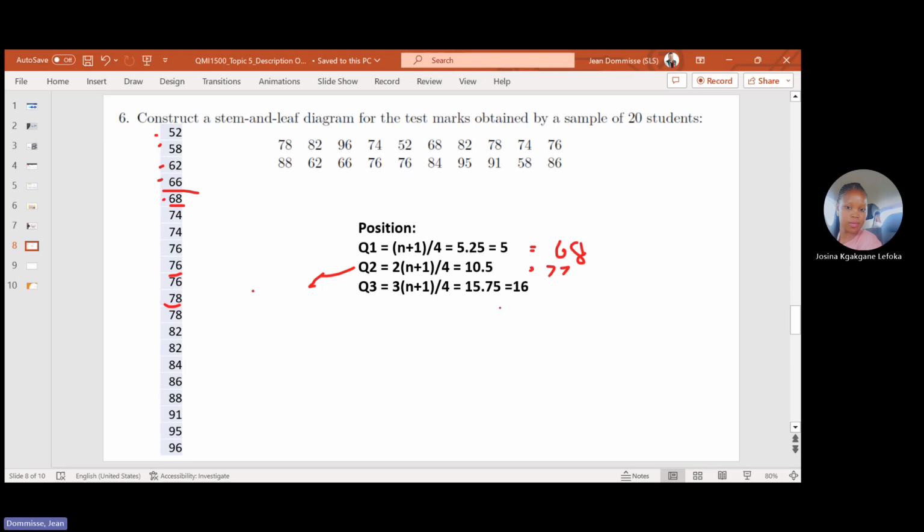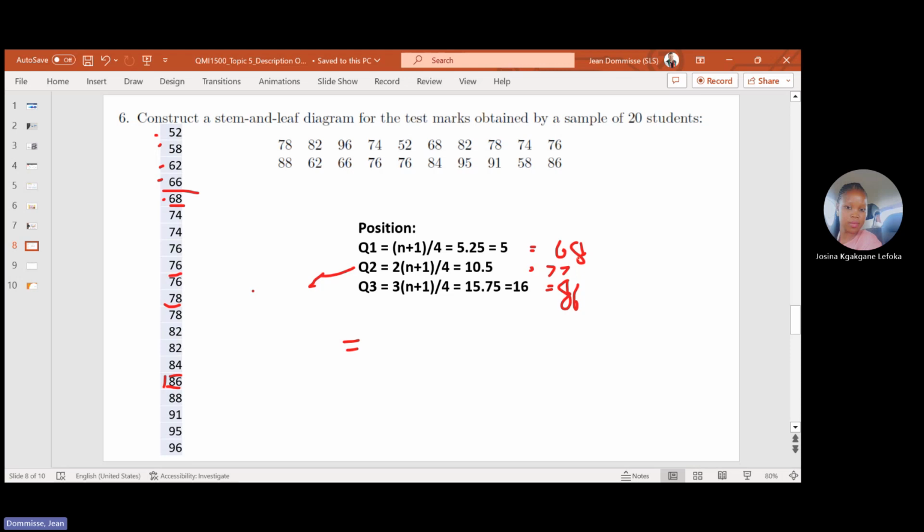And then Q3 is number 16. 1, 2, 3, 4, ... 15, 16. So that is value 86. Sorry for the terrible handwriting.